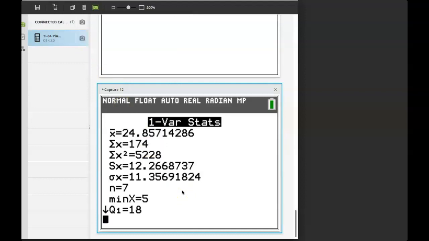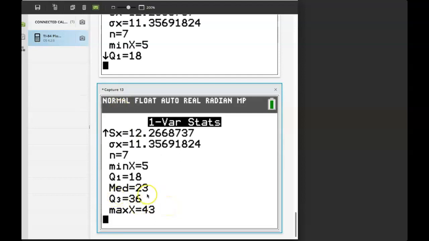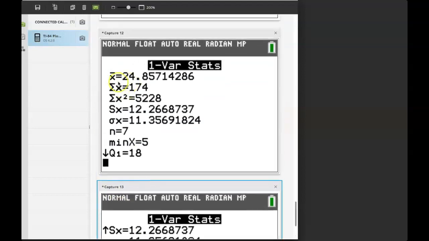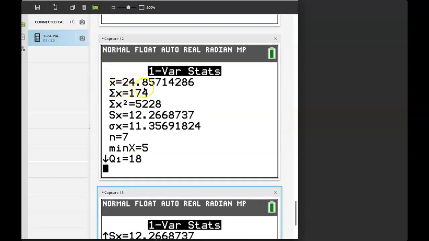This is what we got on the TI-84. If you scroll down, you're going to see what the median is. Median is 23. For now, I need this part. Our mean is 24.857, and as said, this one is population, so when writing it, I'm not going to write x bar. Instead, I'm going to write mu.